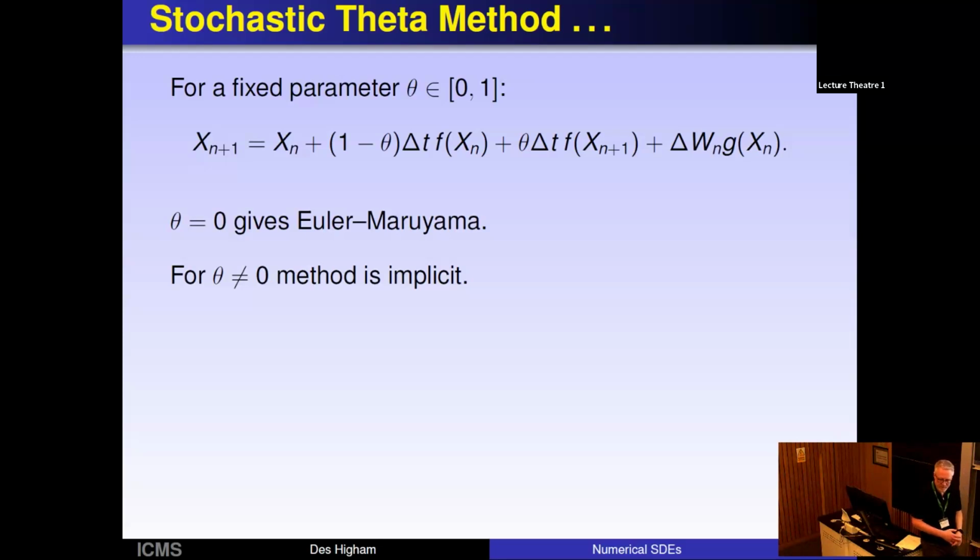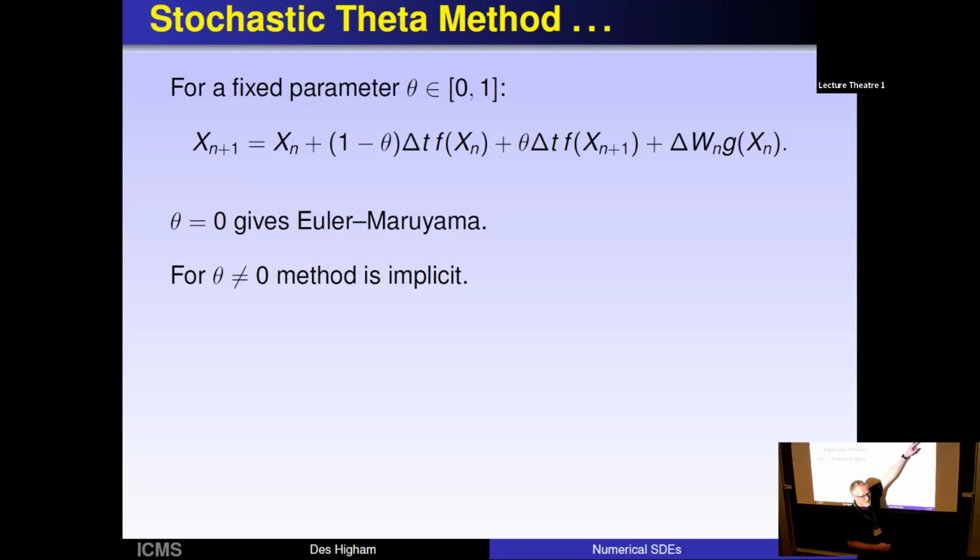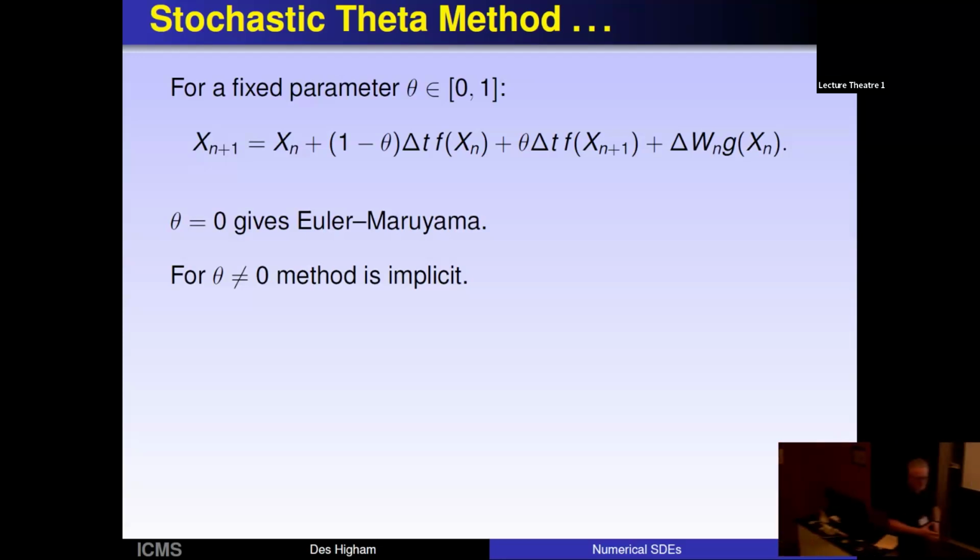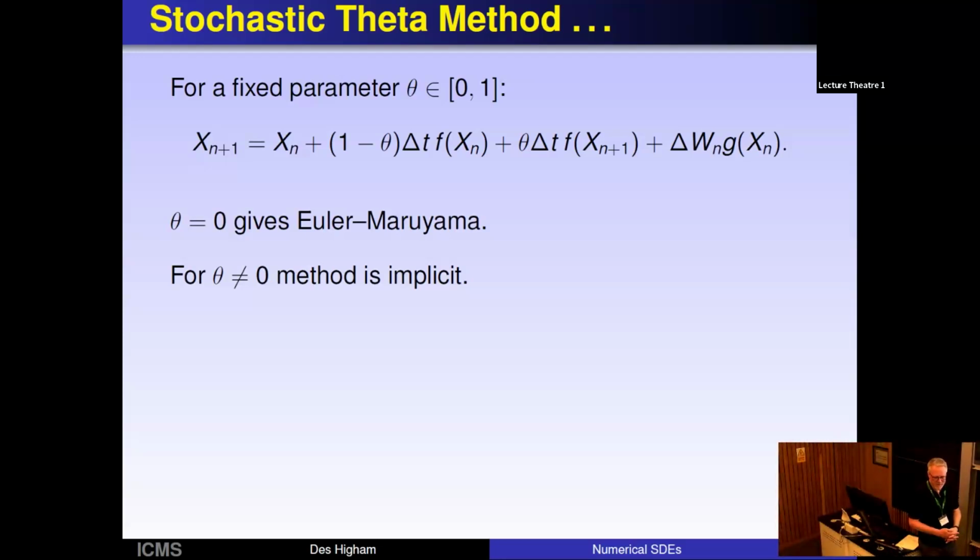So we're allowing ourselves to be implicit in the deterministic, the drift part. We're not doing the same thing in the diffusion term. In principle, you might think, well, let's have g of x_{n+1} in there and make it fully implicit. That might give us even better stability just based on deterministic results. It turns out that's not a good idea. Even the expectation of the numerical solution might not exist if you start allowing implicitness in the diffusion term.